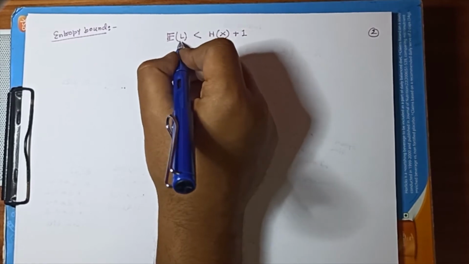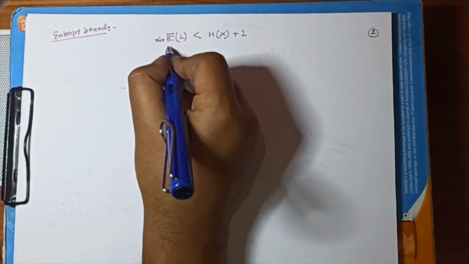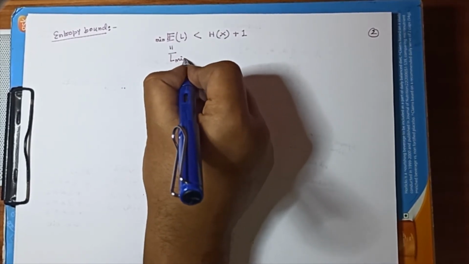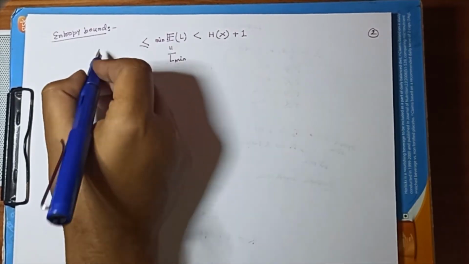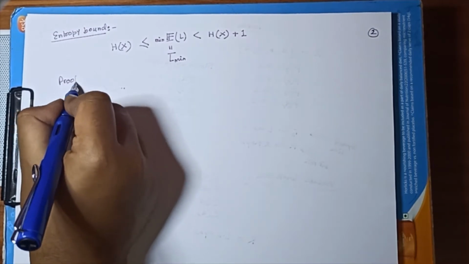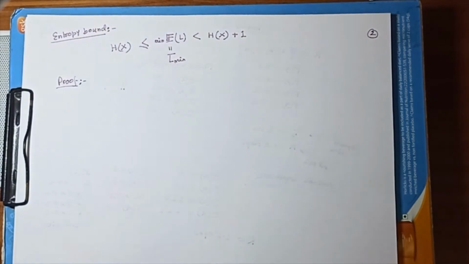The minimum of the expected length, I can write as L mean, and this will be greater than or equal to Hx. This we will prove first. We have shown this one, but that Hx happened only when L can take any real value. Today we will show that even for integral values Hx can be obtained, but there is a condition.